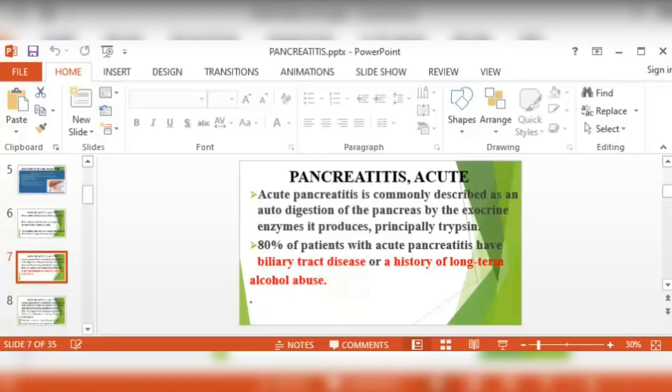When you say the biliary tree, the biliary tree comprises the liver, the gallbladder, and then the bile duct, and then the pancreas itself. So it looks like a tree.